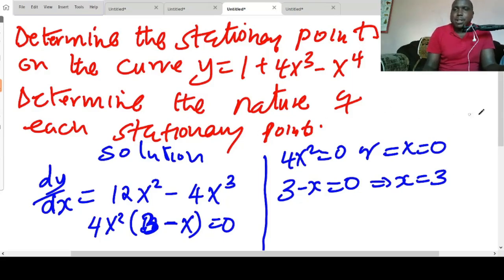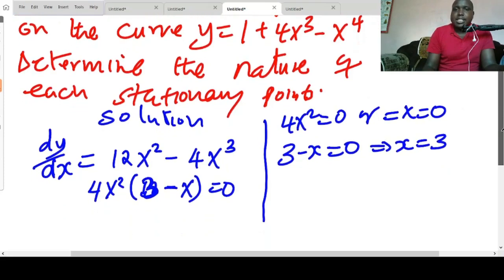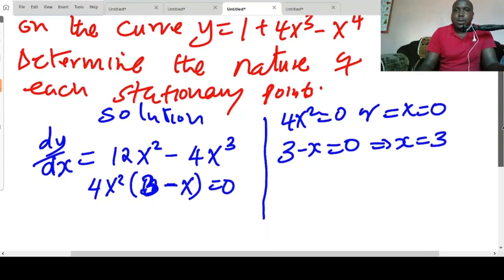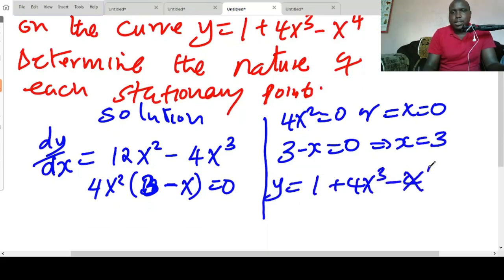Once we have the values of x, the next thing we need is the values of y, because we need points. A point should have x and y. So you bring the equation down here and say y is equal to 1 plus 4x cubed minus x raised to power 4.